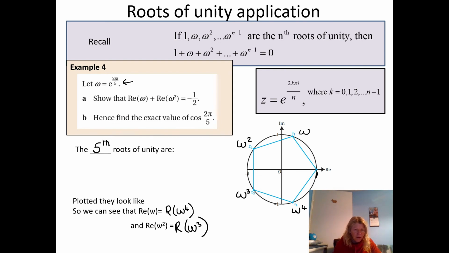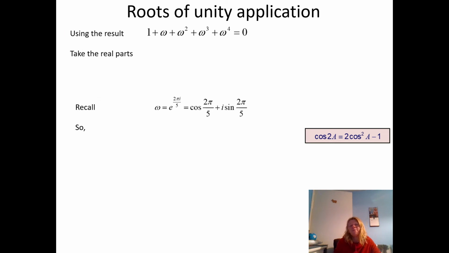So how does that help us? We're after the real part of omega plus the real part of omega squared. Well, we know this fact up here, that the sum of the roots is 0. Now that means that the sum of the imaginary bits must be 0 and the sum of the real bits must be 0. So we can think of that as the sum of the real parts will also be 0.